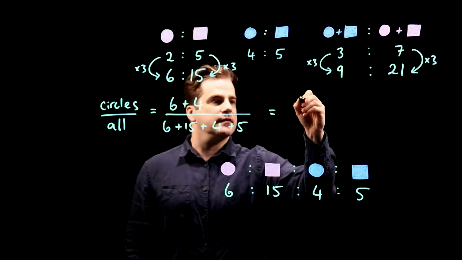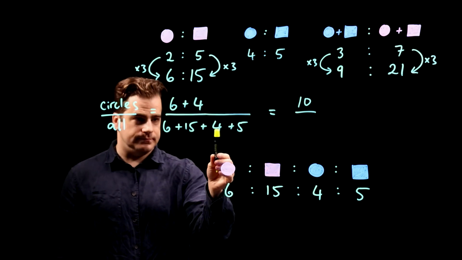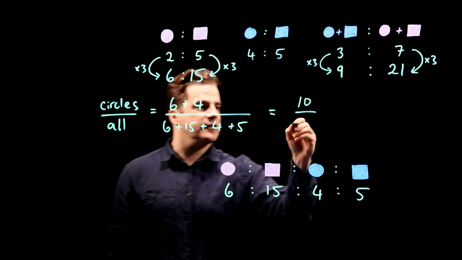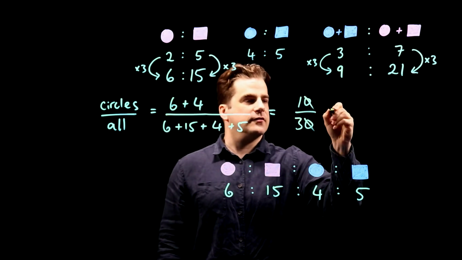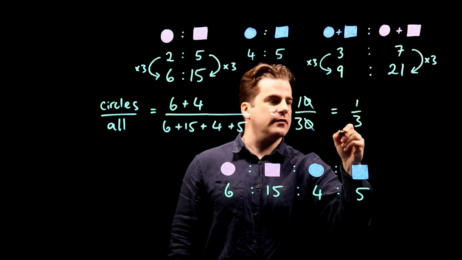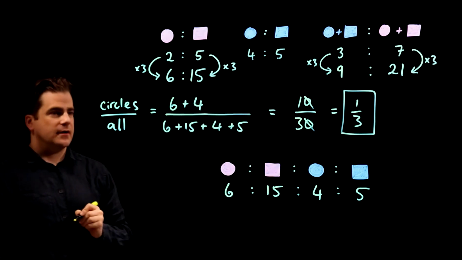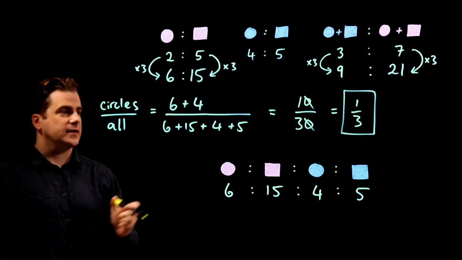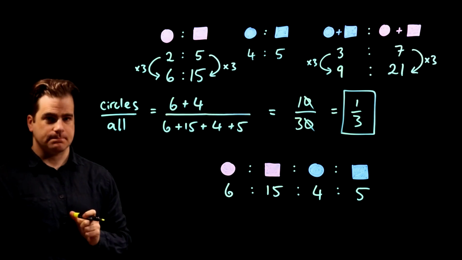Which is 10. 6 plus 4 is 10 over 30. Okay. Cancel those. So it's a third. And that is the final answer. Okay, so that is how you do these sort of questions.